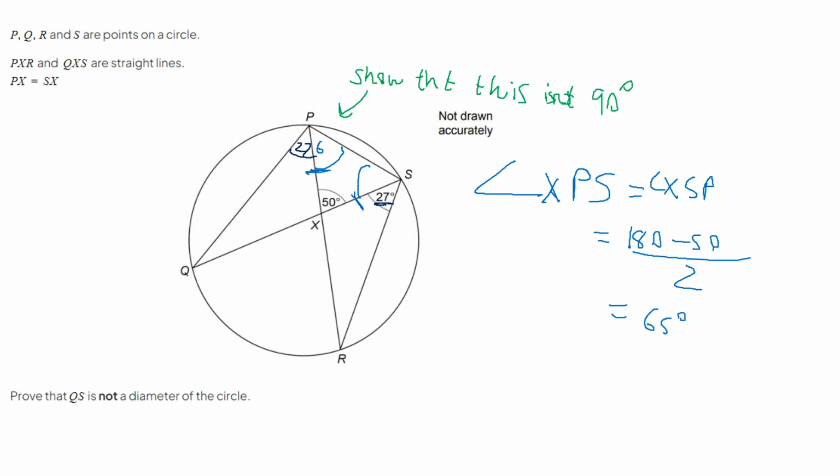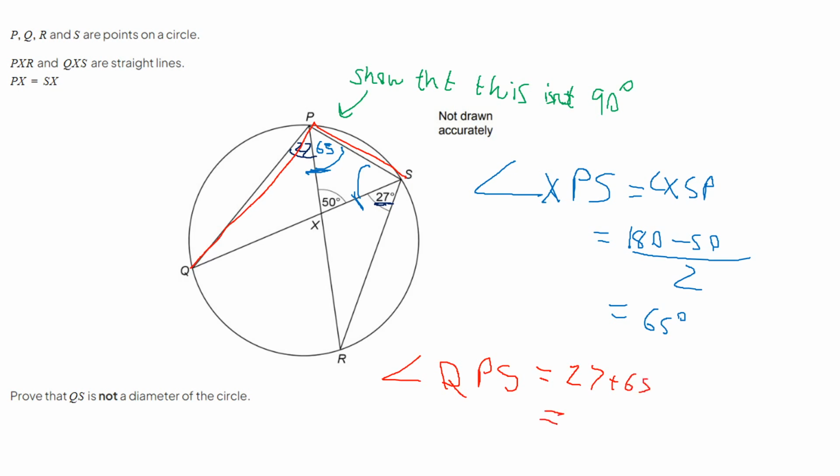Now, if this is 65 degrees and this is 27, what is the angle at the circumference going to be? Well, the angle at the circumference, or QPS, is just going to be equal to 27 plus 65.